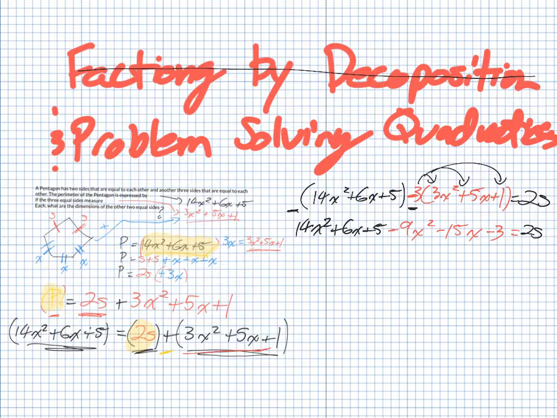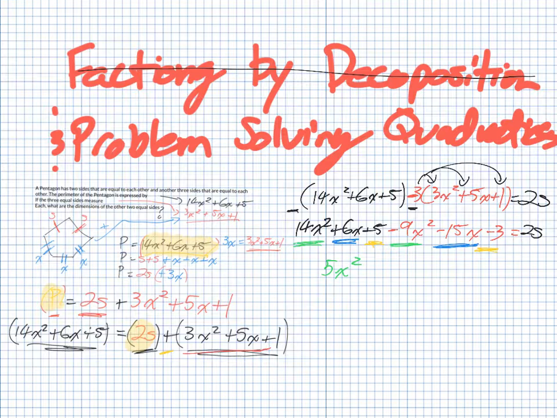Well, let's collect our like terms here. We have our x squared and -9x squared, that's going to be a like term. We have our 6x and our -15x, that's going to be a like term. And we have 5 and -3, those are going to be like terms. So, first in green, 14x squared minus 9x squared? 5x squared.